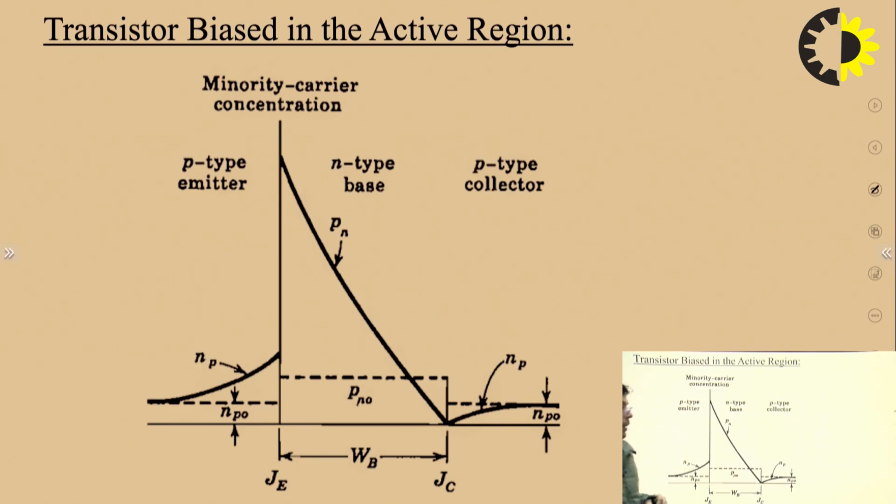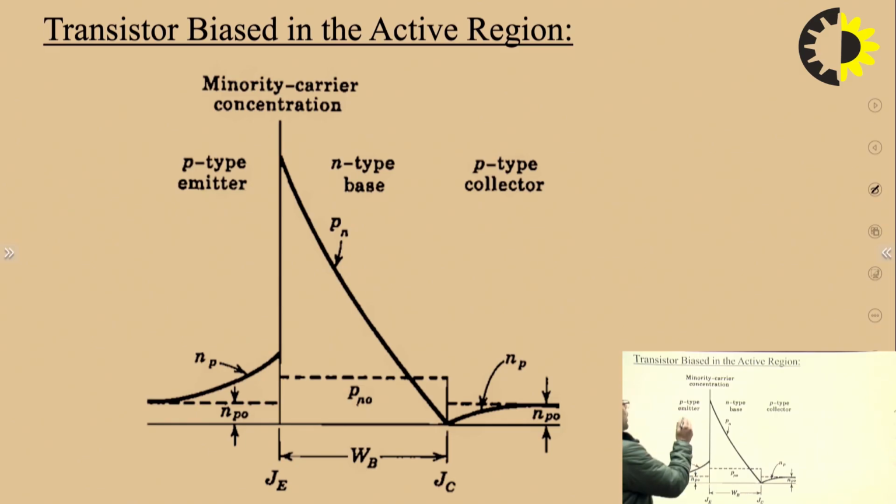concentration level diagram. This is a minority carrier concentration diagram. So as we know, the charge carriers always flow from the higher concentration to lower concentration, and the concentration decreases with respect to distance exponentially. So here we have drawn the exponential decrement in the concentration level.